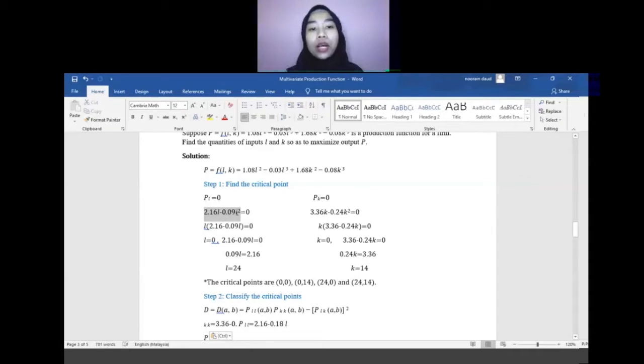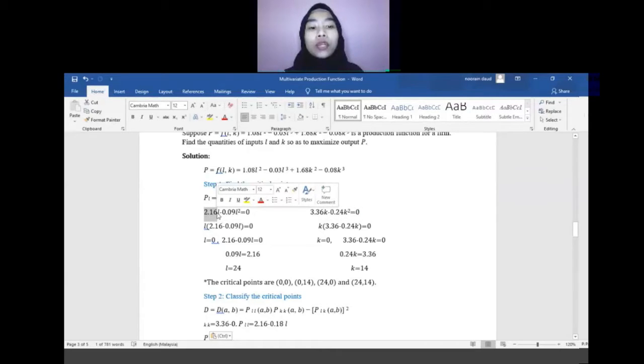In order to find the critical points, we need to find the first derivative with respect to input L and also input K. So this is the first derivative with respect to input L and this is the first derivative with respect to input K. So 2 times 1.08, we get 2.16.